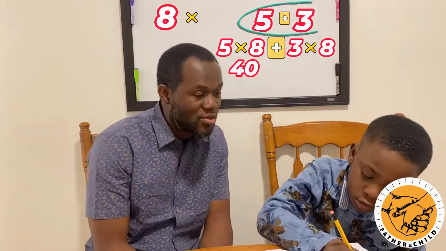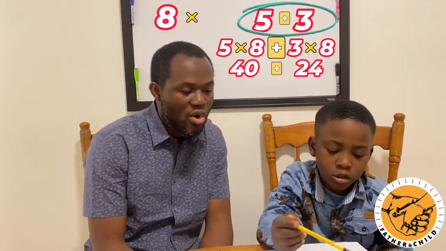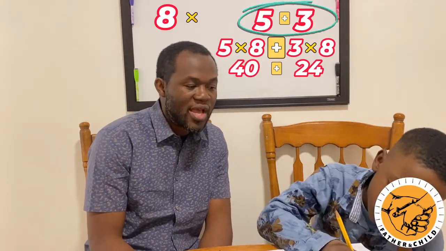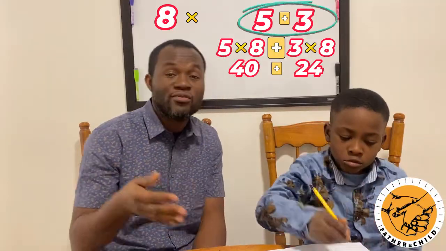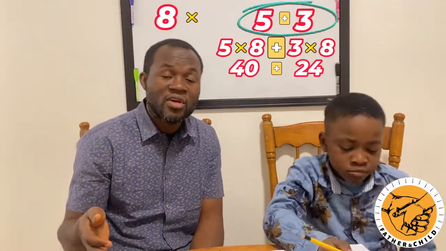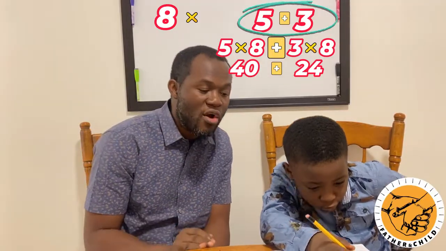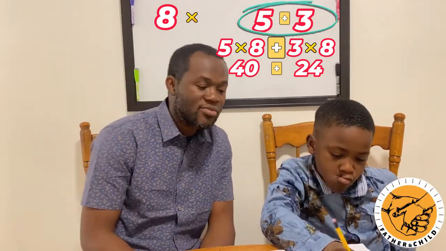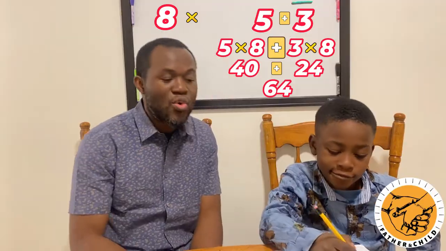That should be 24, because 3 multiplied by 4 will give you 12, and another 3 multiplied by 4 will give you 12, and that's 24. So if we add 40 plus 24, we have 64. So 8 multiplied by 8 will give us 64.